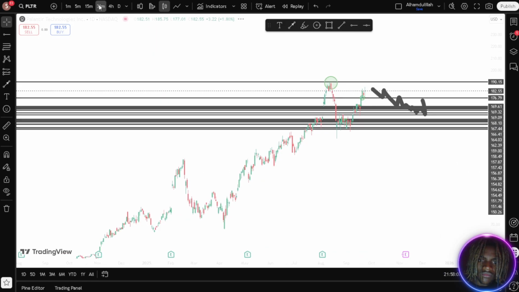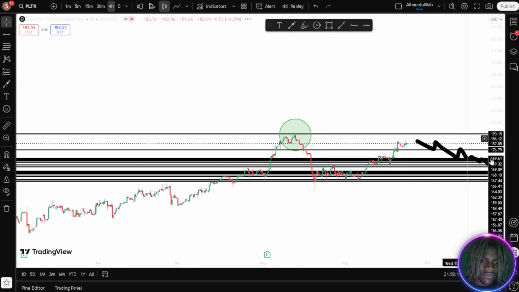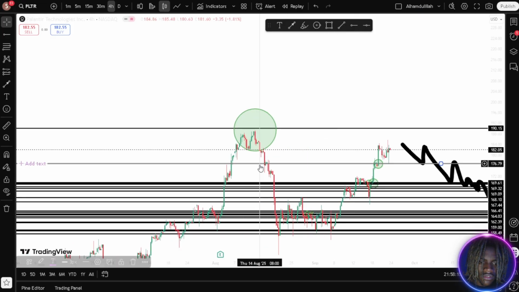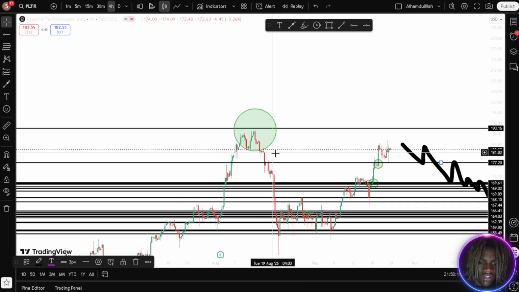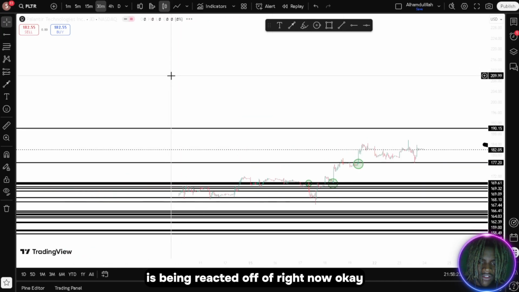So even this area here on Palantir is being reacted off of right now.